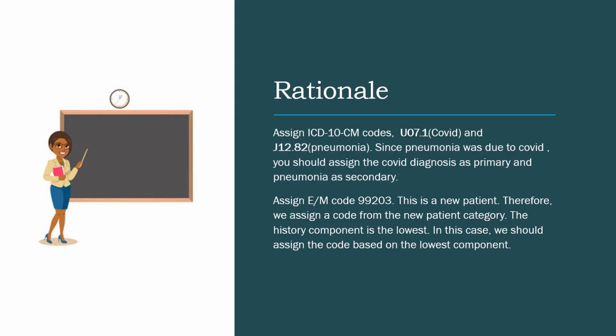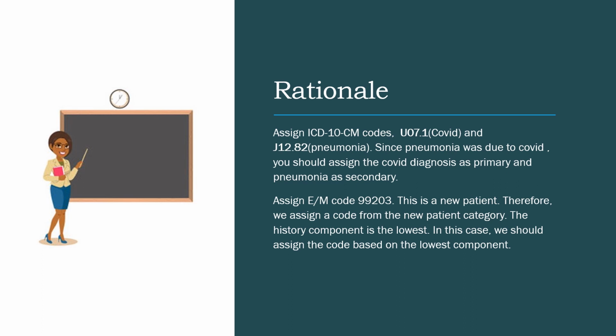So our rationale for this is, when we are assigning our ICD-10 codes, the patient was diagnosed with pneumonia due to COVID. So per the coding guidelines, we're going to assign the ICD-10 code for COVID as our primary code, which is U07.1, and then J12.82, which represents our pneumonia.